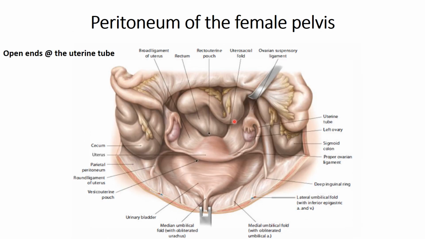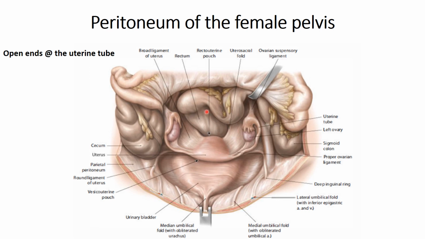Peritoneal reflection of the female pelvis is essentially the same as that of the male pelvis, except because of the presence of the uterus and the vagina. This single rectovesical pouch is now divided into two pouches, a posteriorly lying deeper rectouterine pouch and an anteriorly lying shallower vesicouterine pouch.